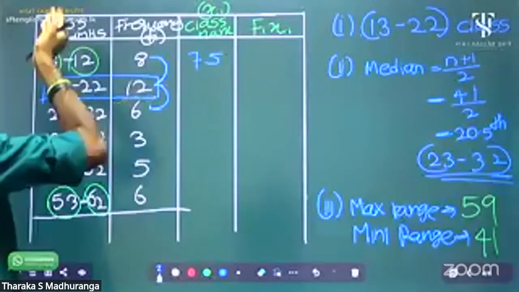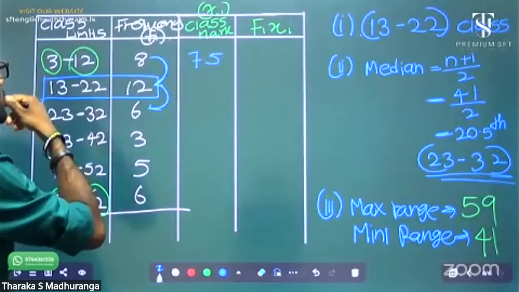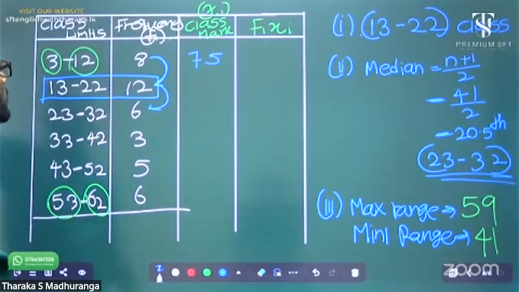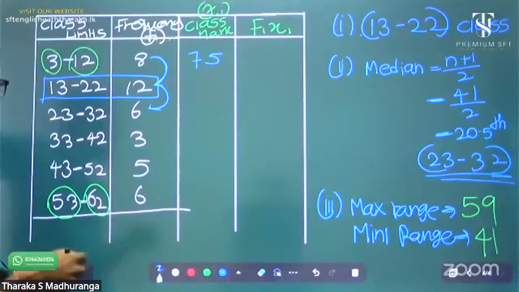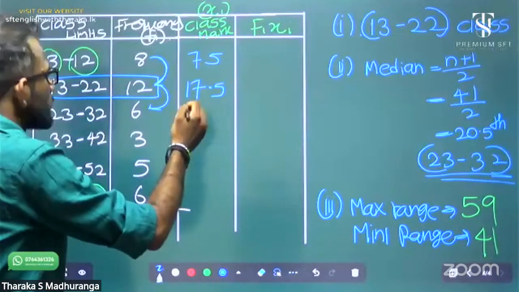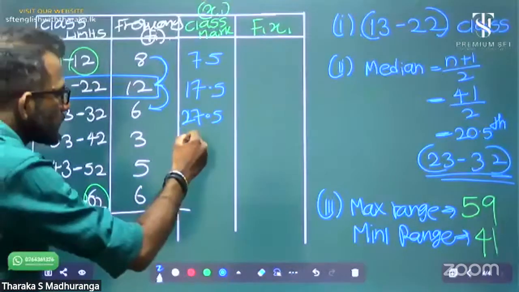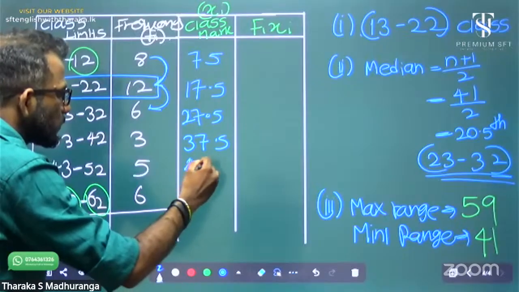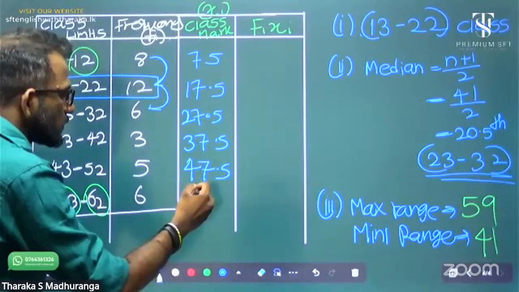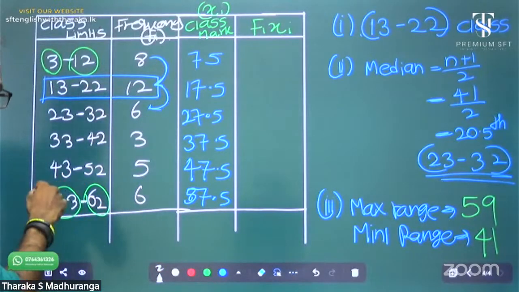If you use class boundaries, 2.5 plus 12.5 is 15, over 2 is 7.5. Then 17.5, according to the pattern 27.5, 37.5, 47.5, 57.5. If you want, you can check again: 53 plus 62 is 115, divided by 2 is 57.5, correct.